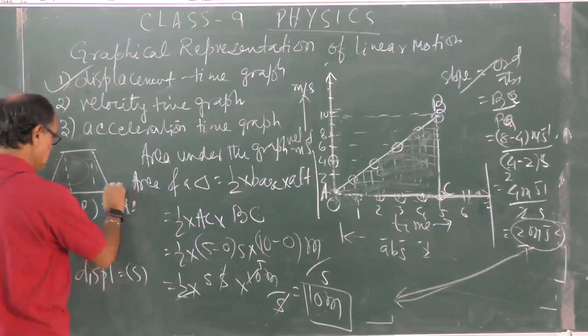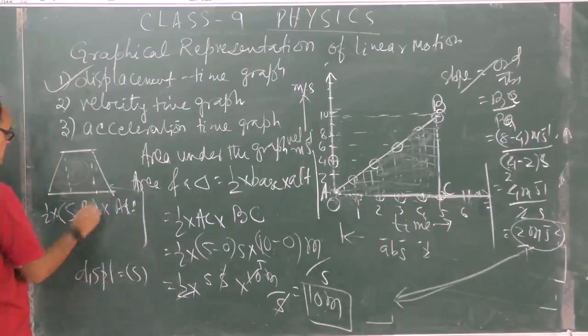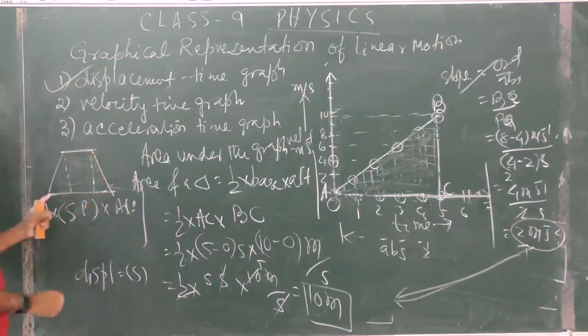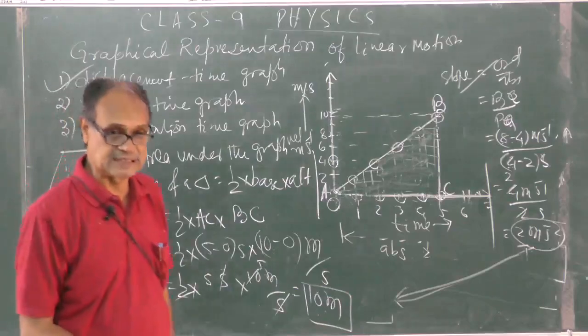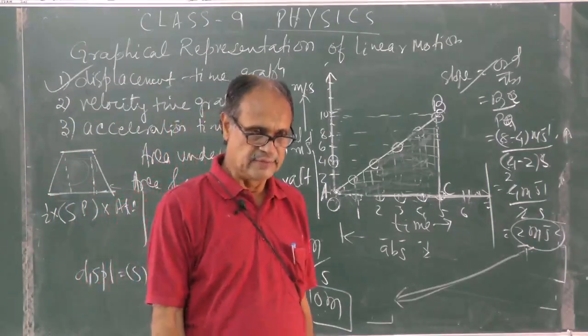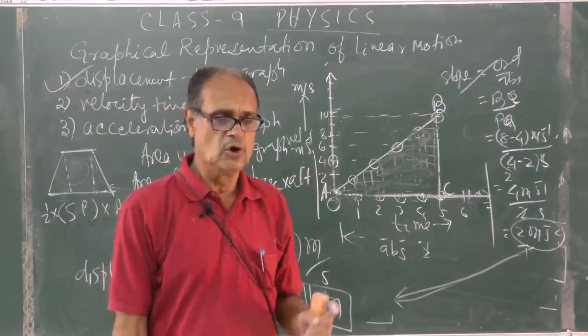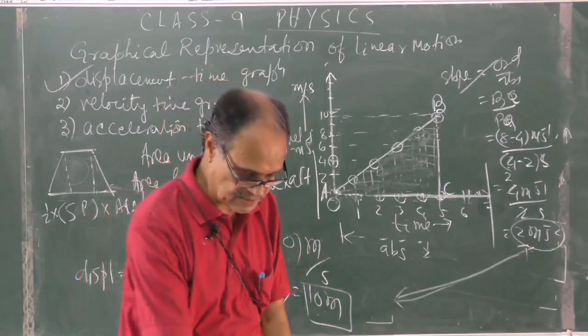Sum of parallel sides, these two parallel sides up and down, the sum of these two sides means bigger side plus smaller side, by 2 into the height, will get you the area of the trapezium. That also will give you the displacement. So your example there in your textbook is showing that it can be positive, it can be negative, it can be 0. So the velocity time graph can give you the displacement value.